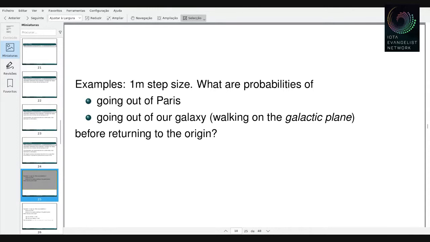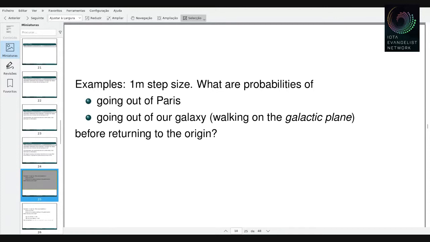Consider this simple random walk in dimension 2. Suppose that you are walking on a plane, on a 2-dimensional lattice, and the size of the edge of this lattice is 1 meter.